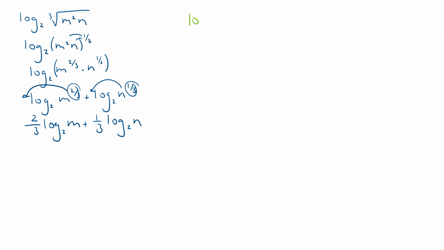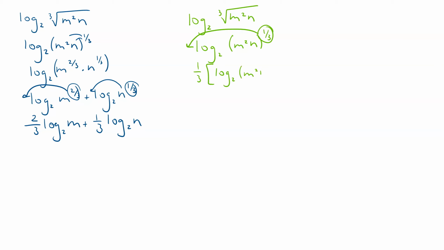A different version of this same exact problem might play out more like this. The cube root becomes a 1/3 exponent, and then the froggy jumps off the loggy right here. It's important to know that that 1/3 applies to the entire log. So now when we separate the log at multiplication, and it becomes addition, that 1/3 is going to apply to each log.